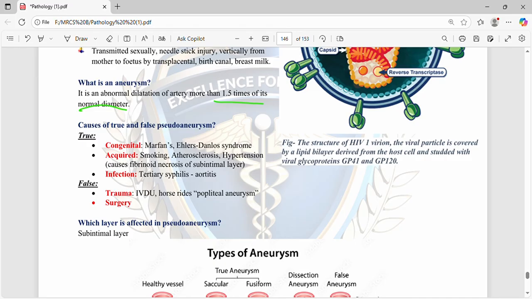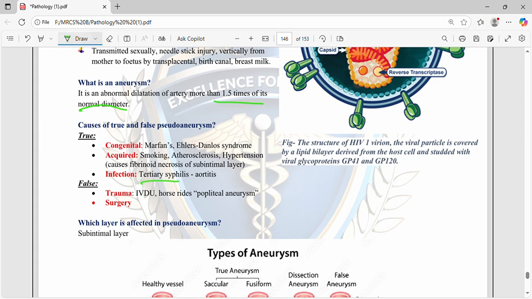True: congenital, Marfan's, Ehlers-Danlos syndrome; acquired, smoking, atherosclerosis, hypertension causing fibrinoid necrosis of the subintimal layer, infection, tertiary syphilis and aortitis. False: trauma, intravenous drug users, horse riders, popliteal aneurysm, and surgery.